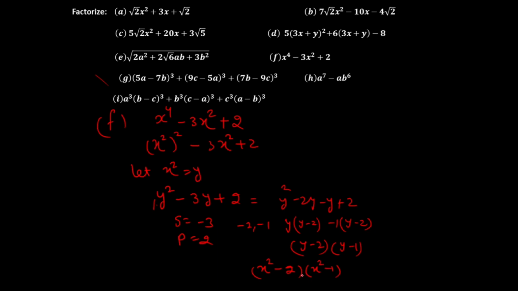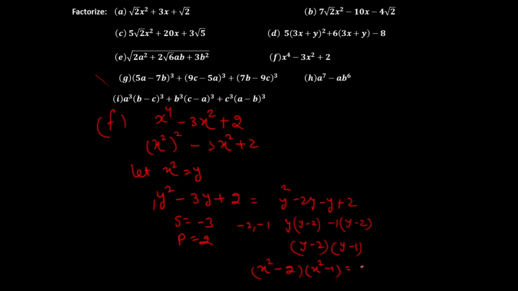Can you factorize this further? Yes, we can factorize because this can be written as under root 2 whole square. This can be factorized further, or you can leave it as it is. That's up to you.